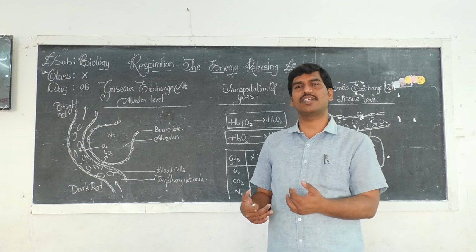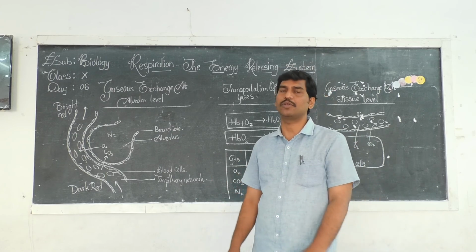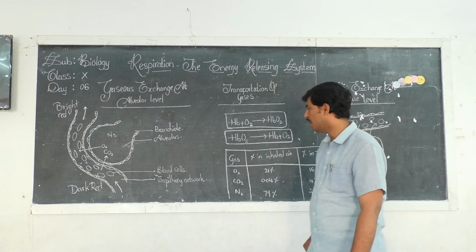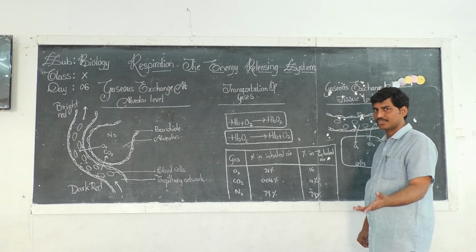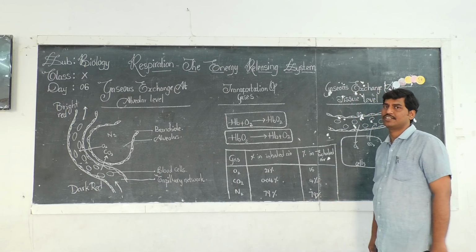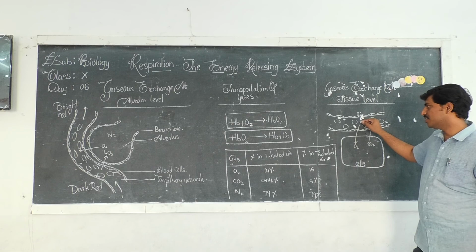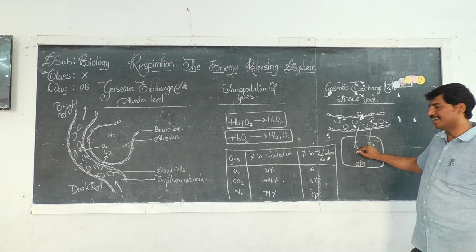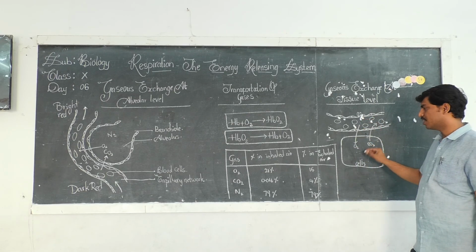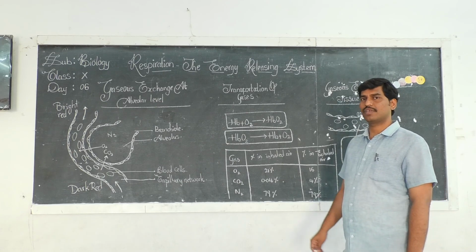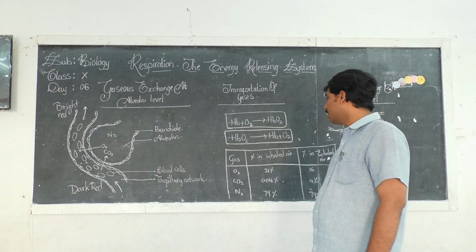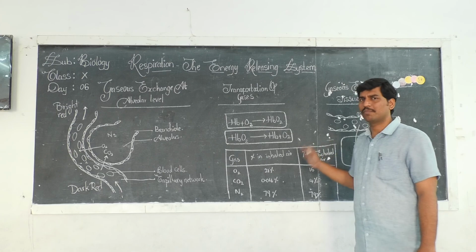As soon as oxygen is available, it is utilized by the cells, or by the tissues, for their metabolic activities. So oxygen from the higher concentration is released into the lower concentration region, which is nothing but the tissue. I hope you remember this, right?